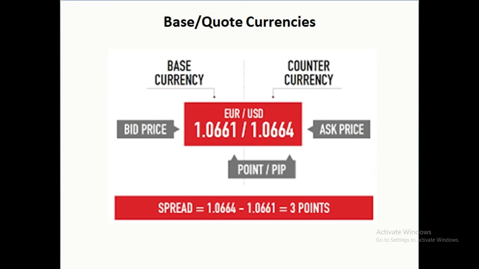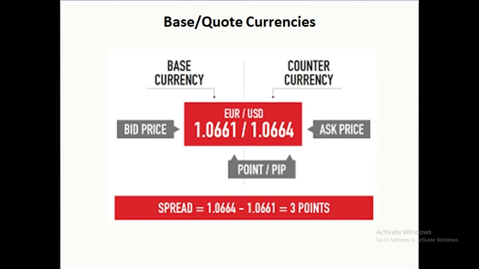Let me explain again. The bid price is the one on the left, the ask price is the one on the right, then the base currency is the one on the left, the counter or quote currency is the one on the right. Take note of that. For this pair, look at the bid price, which is 1.0661, then the ask price, which is 1.0664.